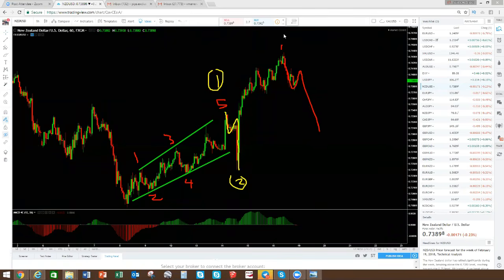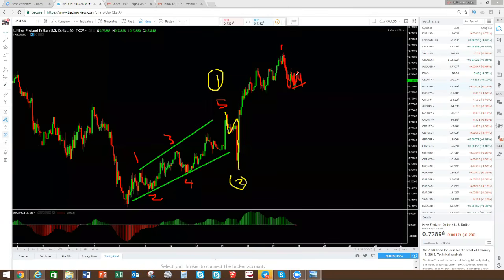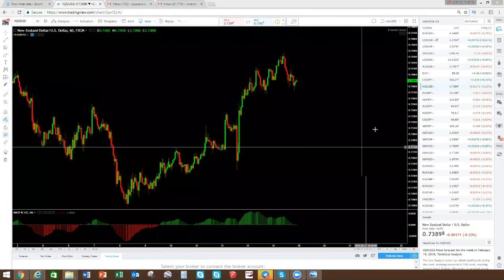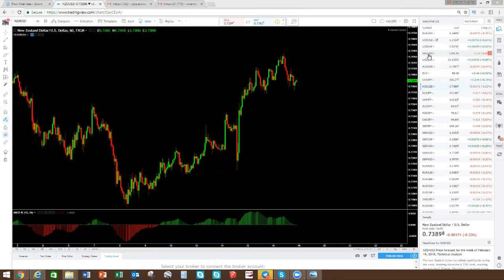So undo that. It's going to be a 1. A 2, and then we start a move to go and build a wave 3, which will build a yellow wave 3. All right, so that's how we're going to be looking at this. All right, so that's New Zealand US dollar. I think that covers all the US dollar pairs.